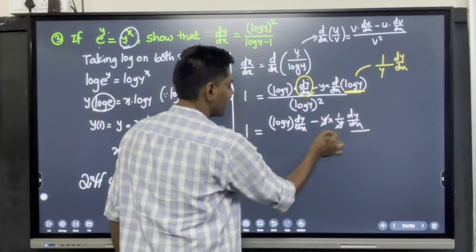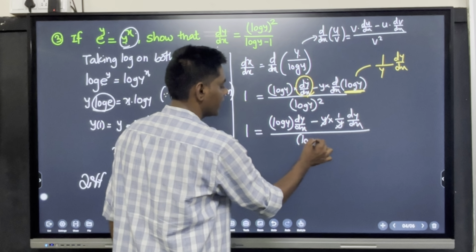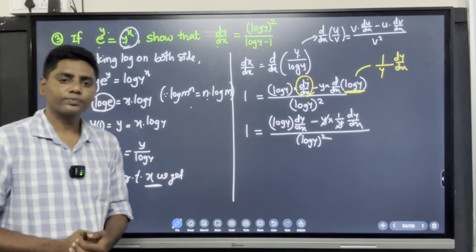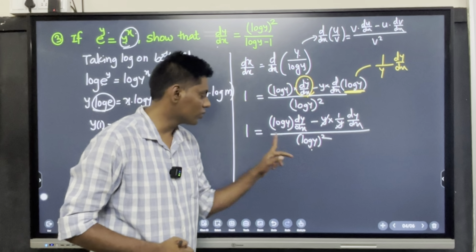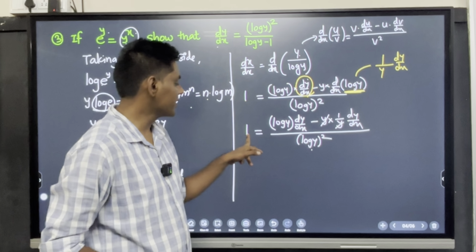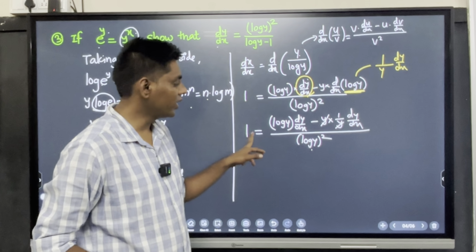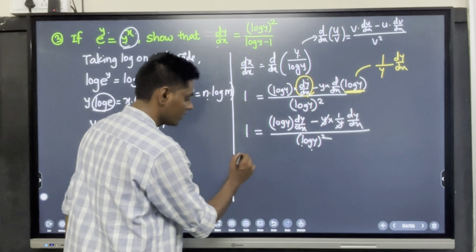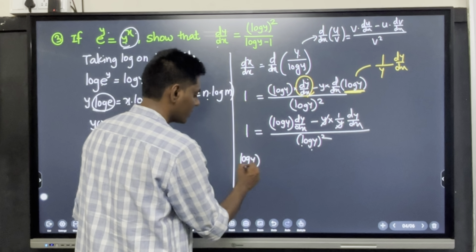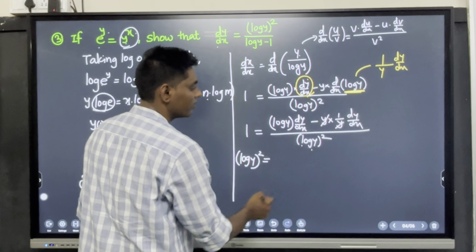Then y gets cancelled, and log y bracket square. Simple. The denominator goes to multiplication on the left-hand side, and 1 into log of y bracket square as it is. So log of y bracket square equals what is remaining.